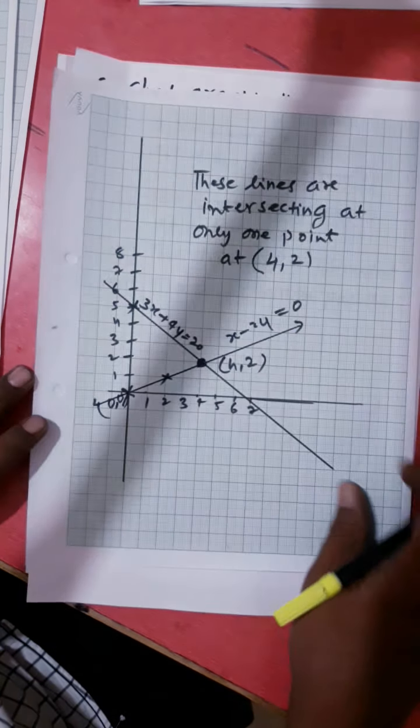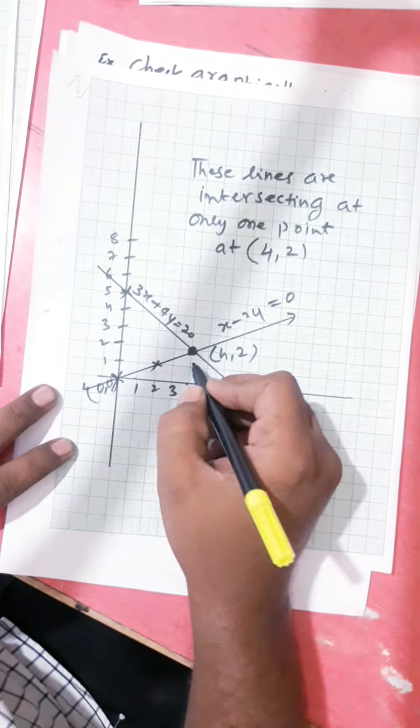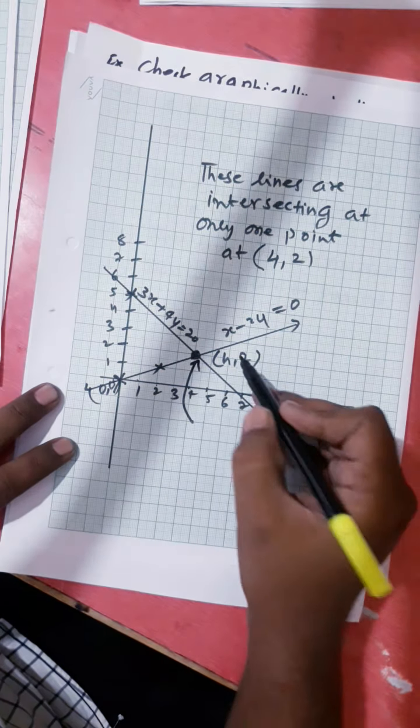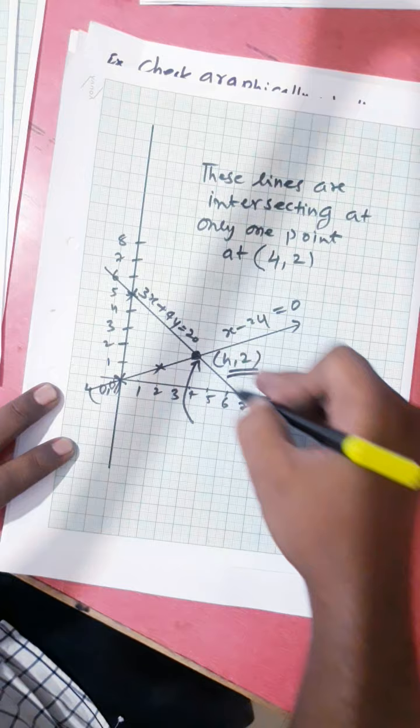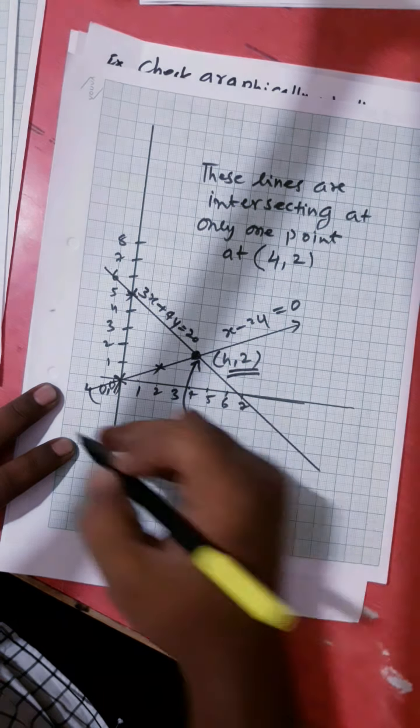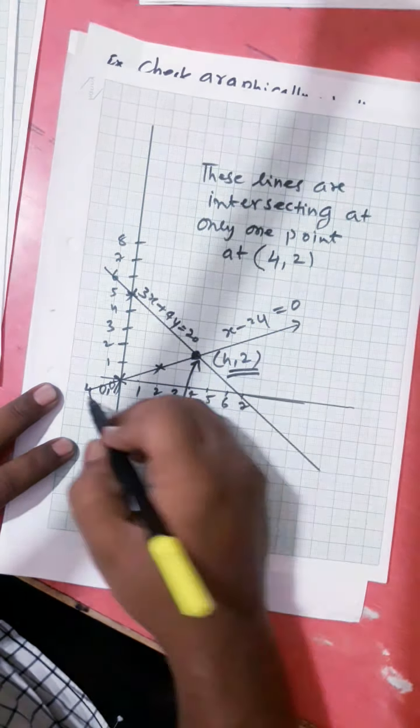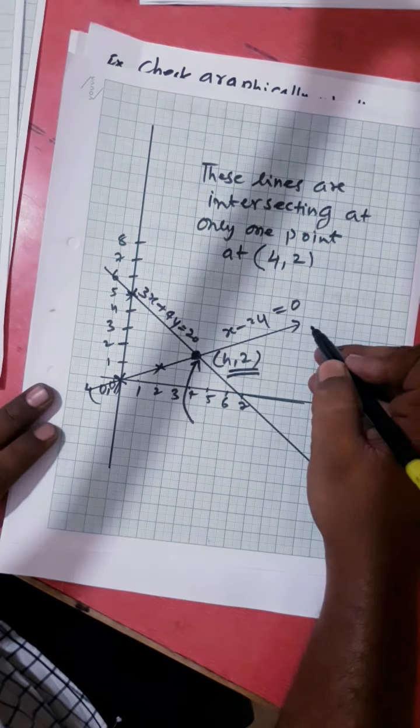If they are intersecting at a point, then we say that this point (4, 2) is lying on this line also, this point (4, 2) is lying on this line also.